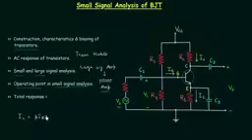If IB increases, this implies the collector current will also increase, and when the collector current changes, the operating point, that is the Q point, will also change, and this is something which is not desired.